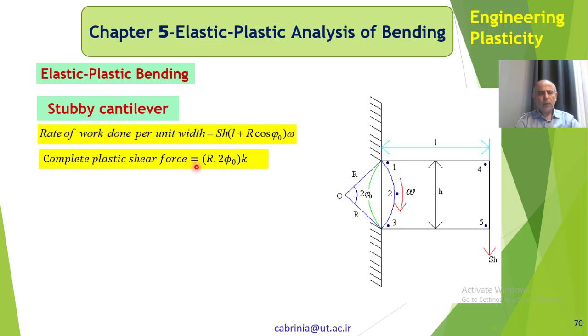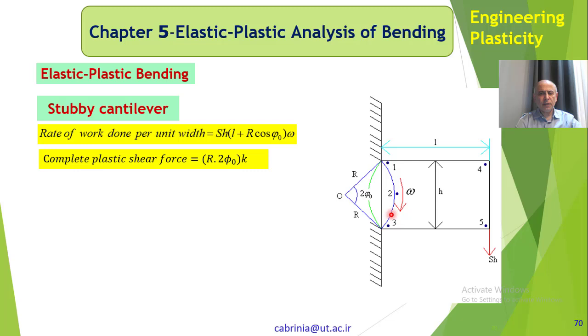So what is the complete plastic shear force? Complete plastic shear force happens on this arc. R times 2 phi naught is the length of this arc. The plastic shear force happens in here, and because it's complete plastic shear force, we multiply it by K, the yield shear stress.